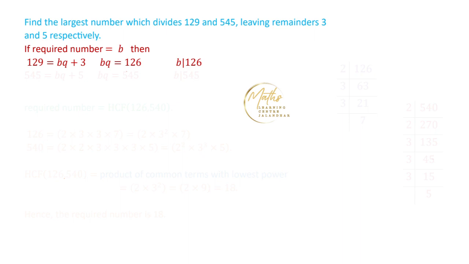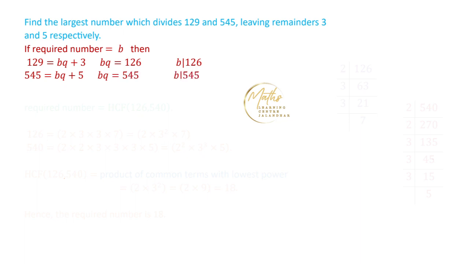Similarly, we are talking about the second case. We are saying 545, when it is divided by this number b, we have the remainder 5. We can write it in this form, that 545 is equal to bq plus 5. And this value of bq we obtain from this, it is 540.